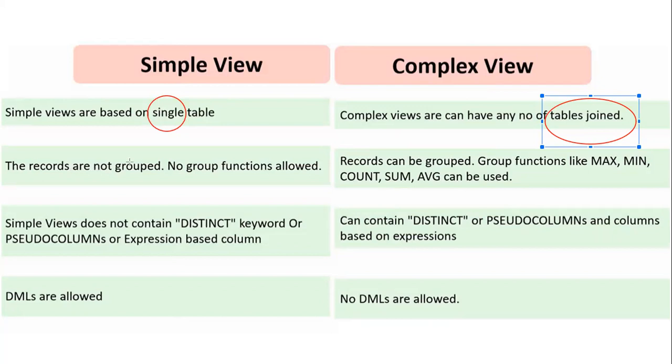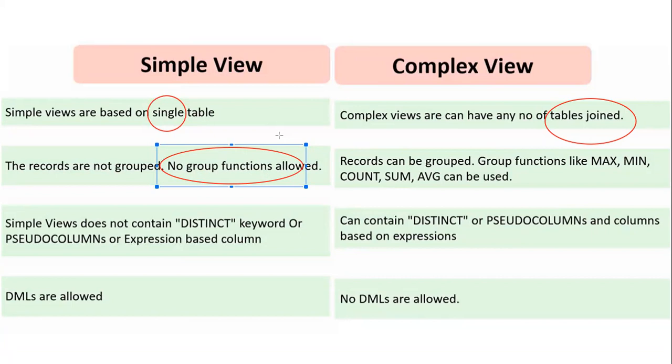The records are not grouped. No group functions are allowed. You have created one view. How can you say whether this is a simple view or complex view? If you are not using any group functions, then it is a simple view, and also make sure that it has a single table. Then that is a simple view.